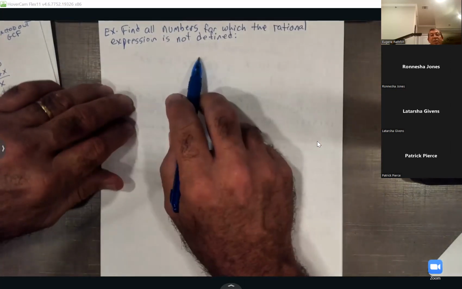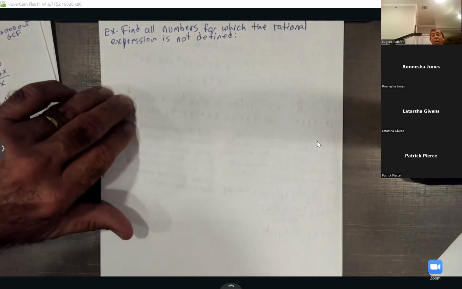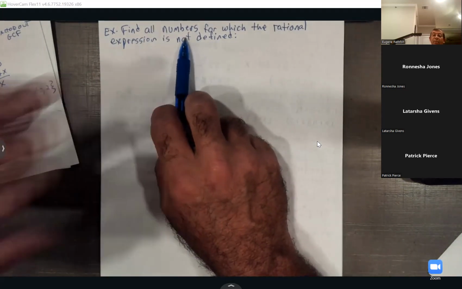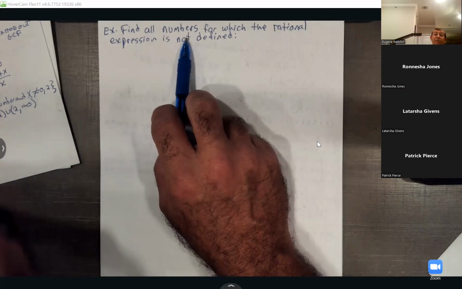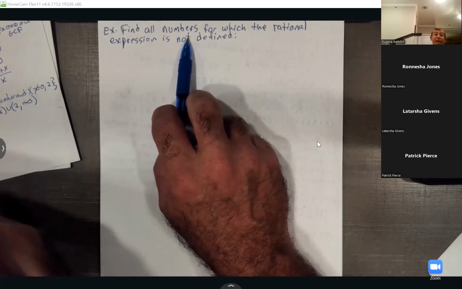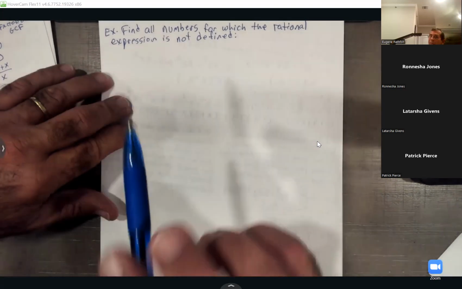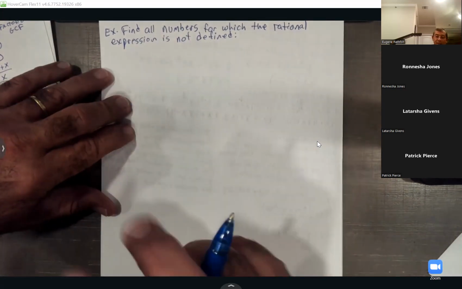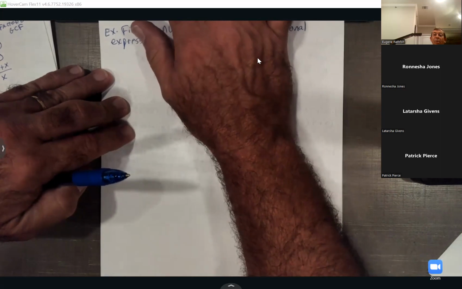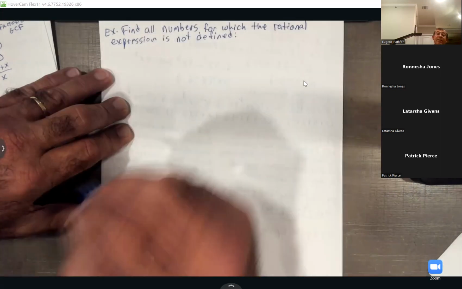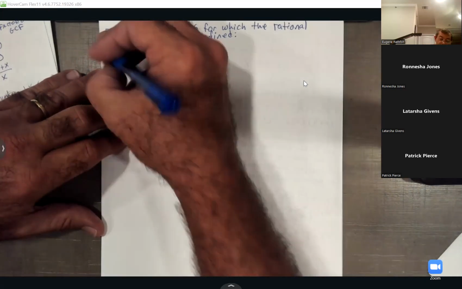So this was doing stuff that we've done before in order to find domains. What this really means is set the bottom of the fraction equal to 0 and find all those answers that make that happen. Now, on these first two problems, we don't have to write it in domain form. They just want us to find what numbers make it undefined. And the only way to make a fraction undefined is if the bottom of it is a 0.